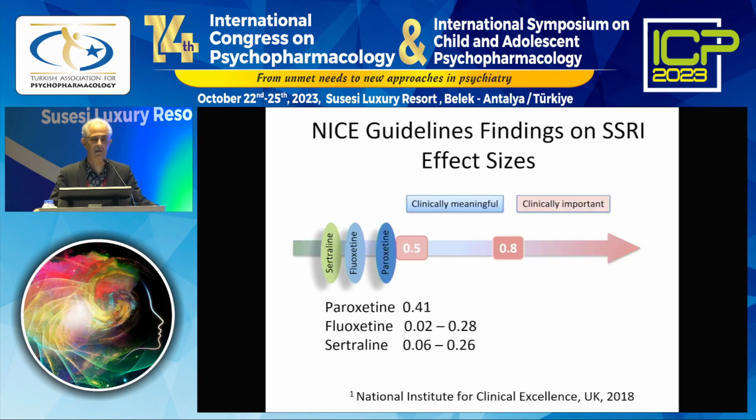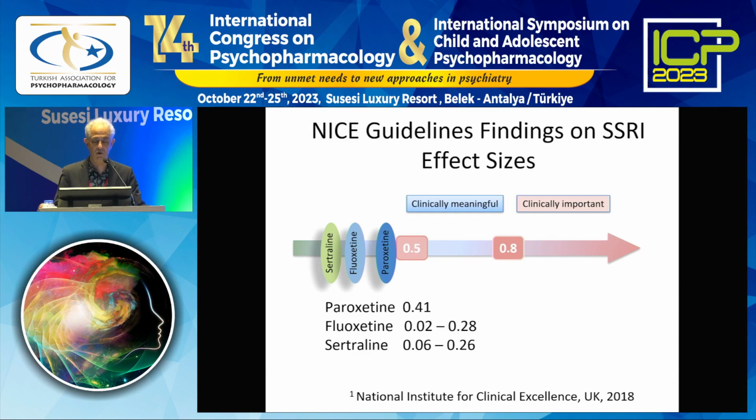This little graph from the NICE guidelines, from their latest meta-analysis and review of SSRIs for PTSD, shows the places where they put the paroxetine, fluoxetine, and sertraline data. See on the left there?